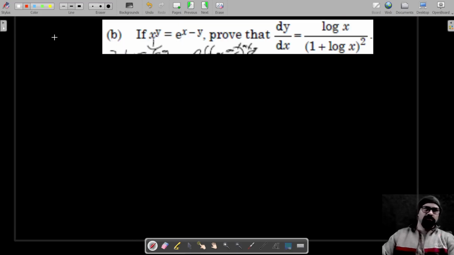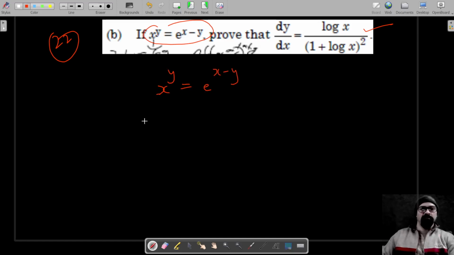Okay, for question number 22, part B, we have to prove that dy upon dx is equal to log x upon 1 plus log x the whole square for this given equation. And our given equation is x raised to some function y and e raised power x minus y. So we are going to take log on both sides.